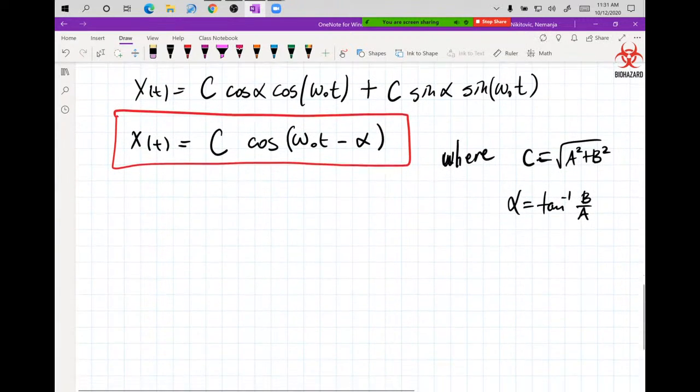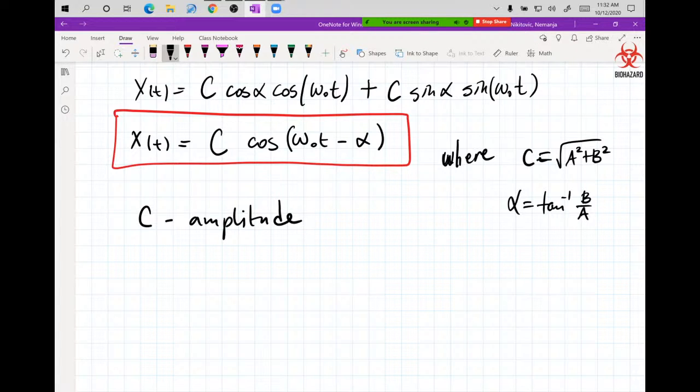And we're going to have C represent the amplitude, and that would technically be how far out the object oscillates. So if you have a spring that pushes the object left and right, how far to the right, how far to the left from the equilibrium position the object would go.